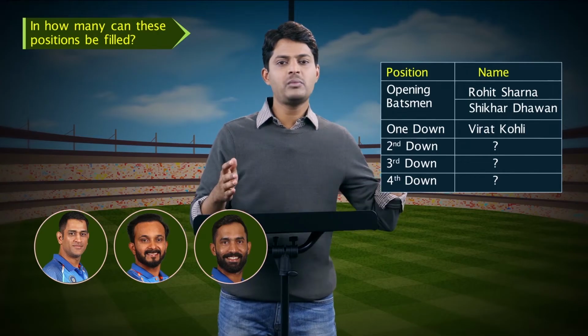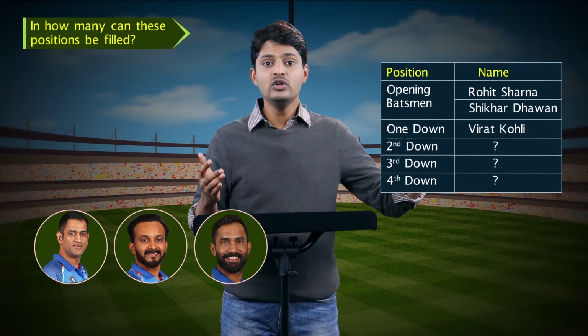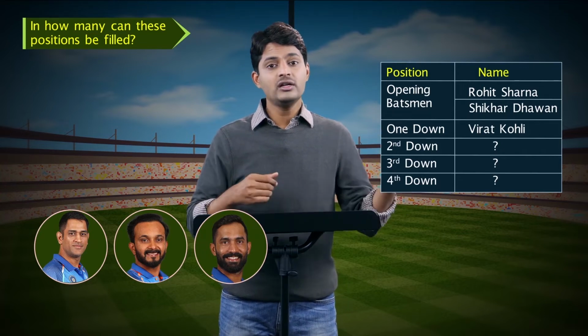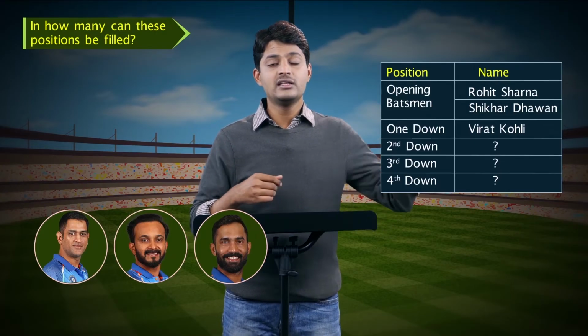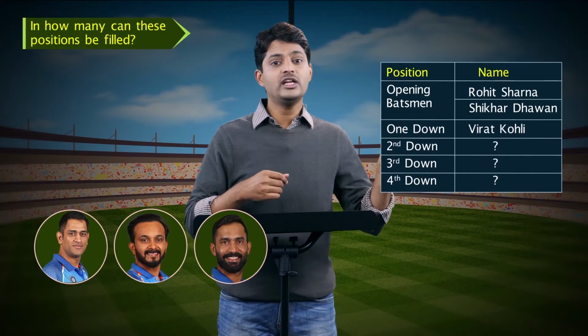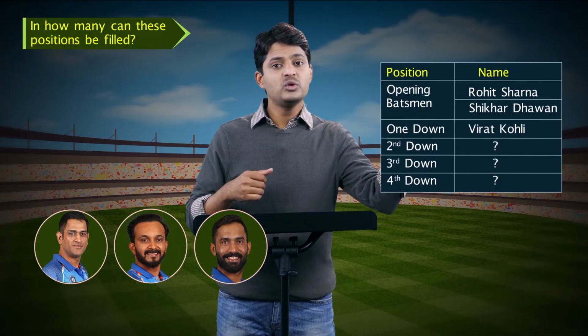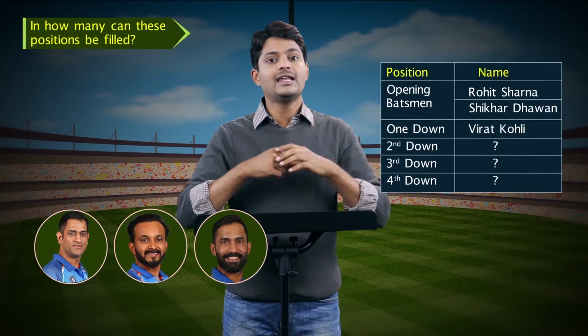Assuming that the initial players play really well, you might have Dhoni coming in the second down to hit the ball out of the park very early. Or in case the wickets fall very fast, probably they would send Kedar Jadhav and preserve Dhoni towards the end. Now I have to fill the second down, third down and fourth down with these 3 people. How many ways can I do it?